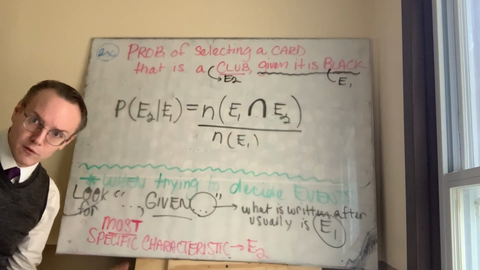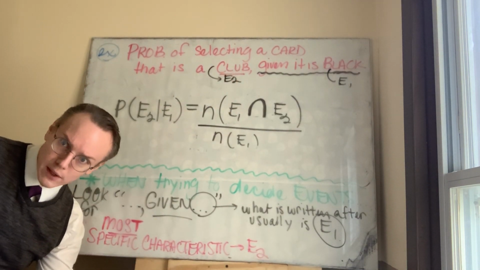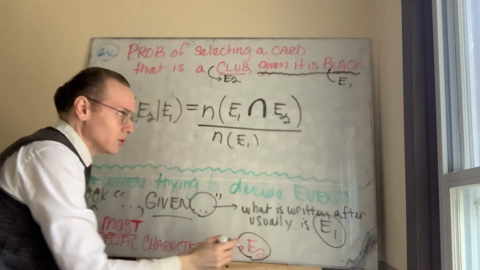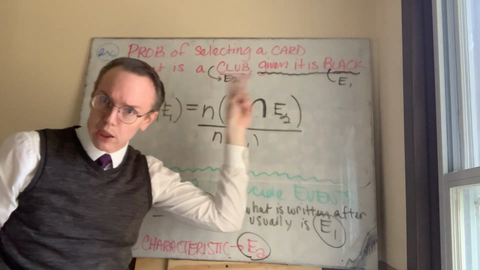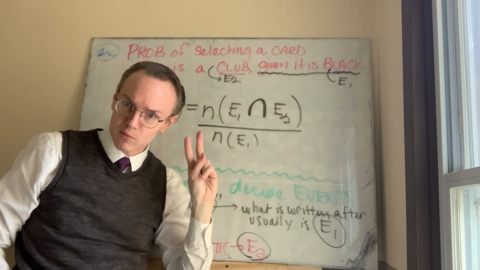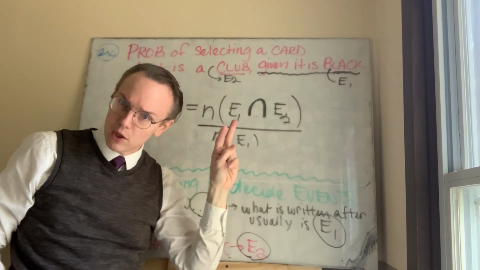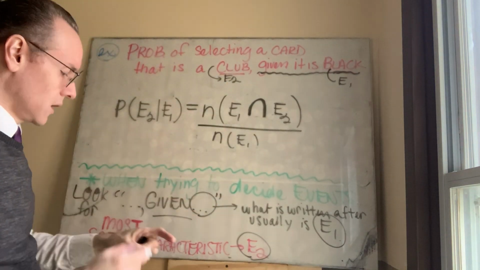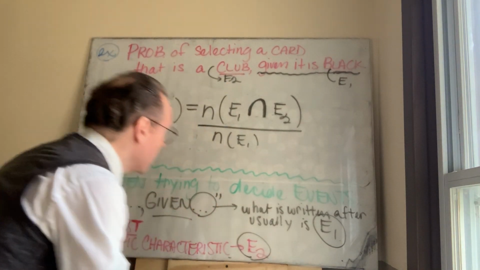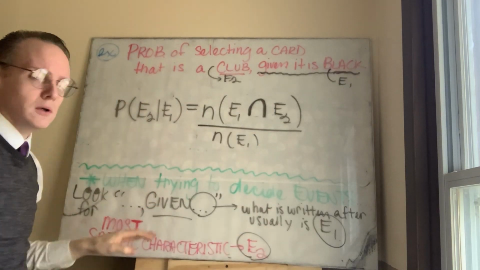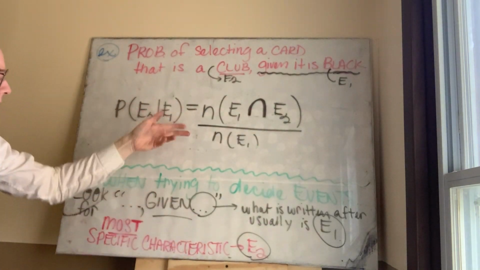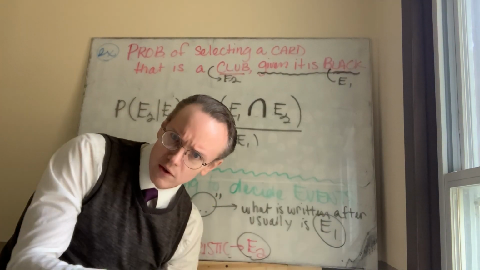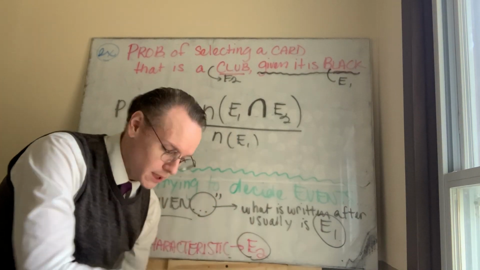And that conforms to my alternative way of looking at it, which is the most specific characteristic is E2. It's more specific to be a club than it is to be black, because black cards can be clubs or spades. It's more general, and this is more specific. So if I were going to modify the formula to match the unique example, let me input those abbreviations where they would be.